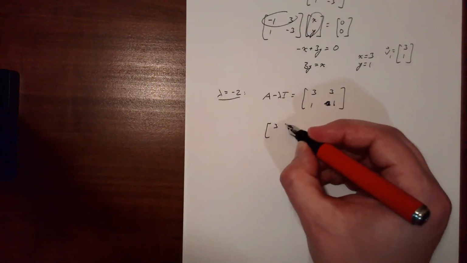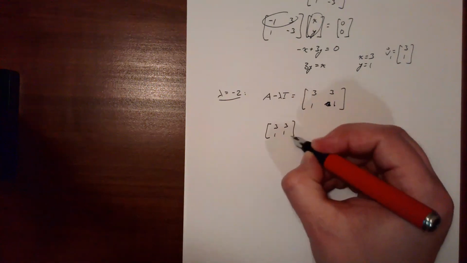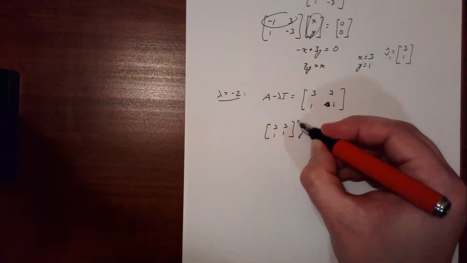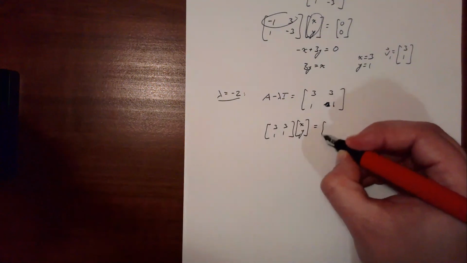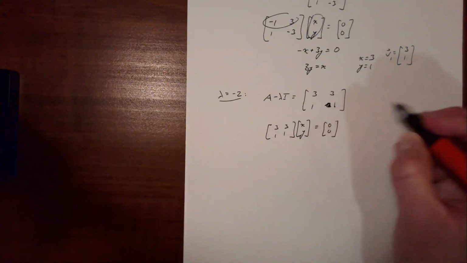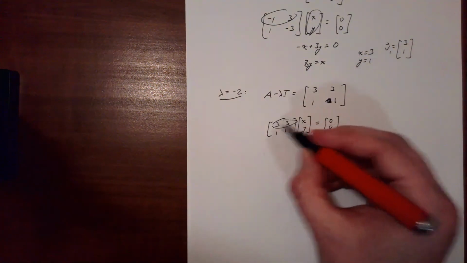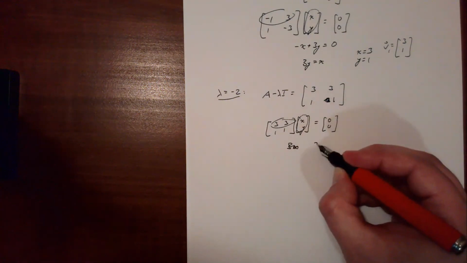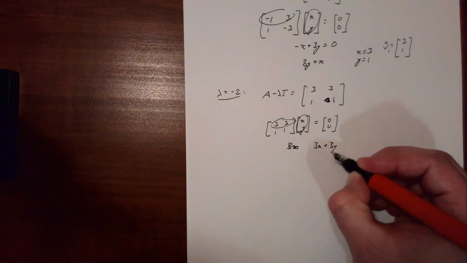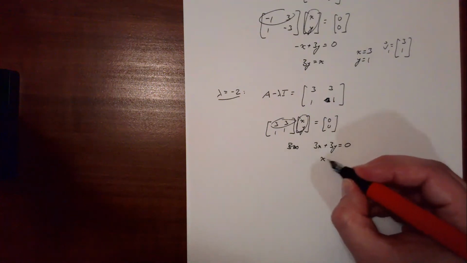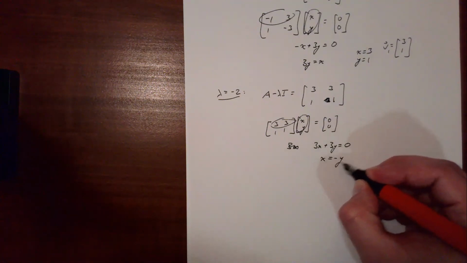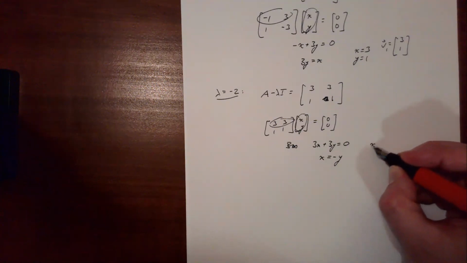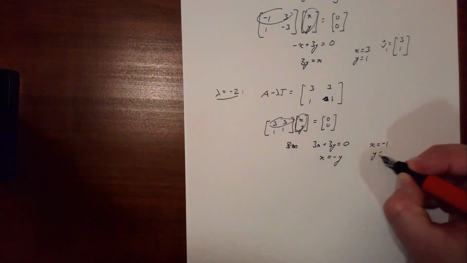Okay, so 3, 3, 1, 1, xy equals 0, 0. So 3x plus 3y equals 0, x equals negative y. So x equals negative 1, y equals 1 would do it.